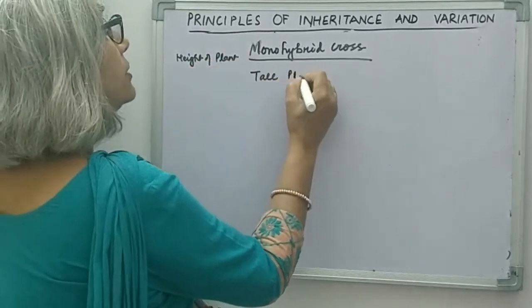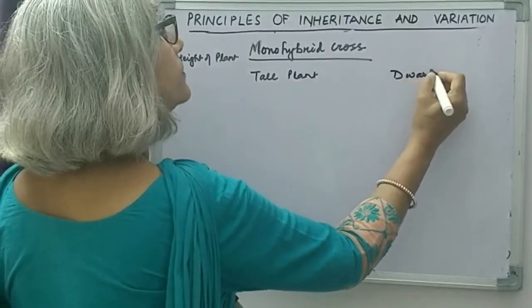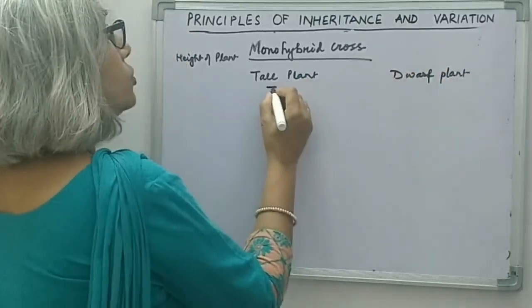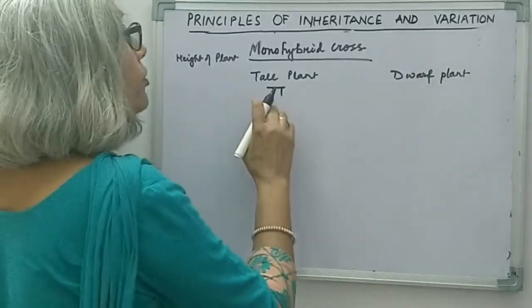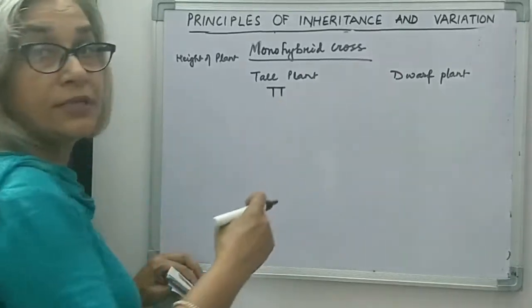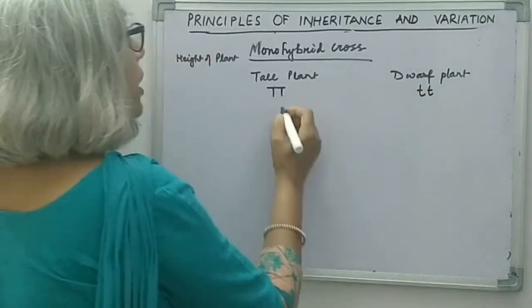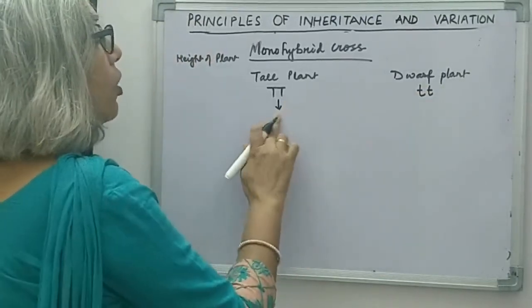Now, tall plant and dwarf plant. Homozygous, since we are saying true breeding or pure breeding forms, tall means 2 capital T's, dwarf means 2 small t's.